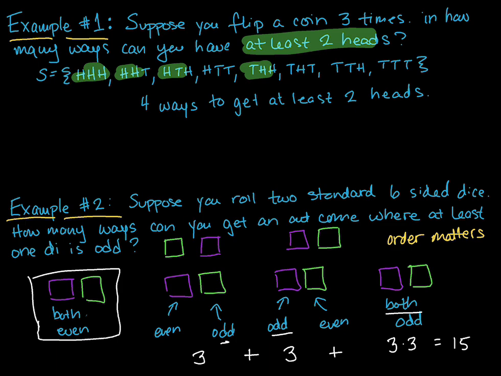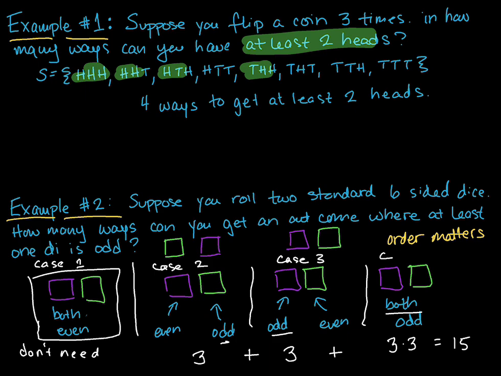If you really want to check, you can write out the whole sample space like I did before. But instead, I broke it into cases. Case 1, we don't need. Case 2, there's 3 of those. Case 3, there's 3 of those. And case 4, there's 9 of those. And so our total is 15.